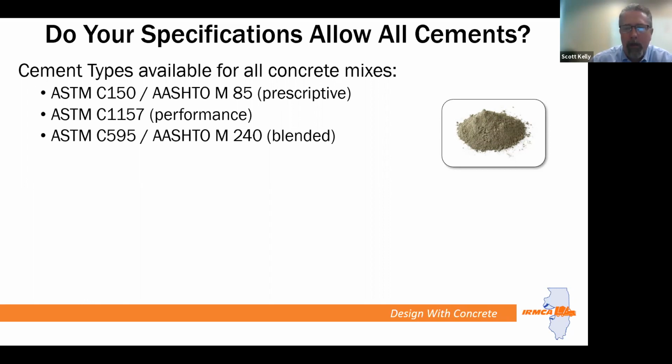Definitely, all the chemical composition is prescribed within limits. ASTM C1157 targets many of the same categories, but by specific performance, right? So chemistries are not specified there. It's still a hydraulic cement. And then, of course, ASTM C595 blended cements are becoming very popular right now as well.